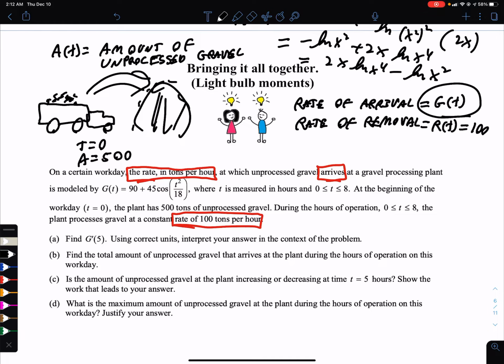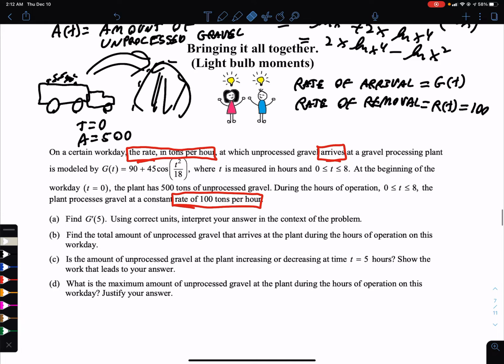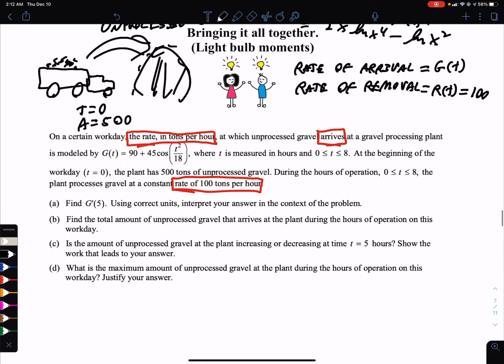I have a lot of stuff going on here. Let's keep going. Now the question. Find G prime at 5. Using correct units, interpret the meaning in the context of this problem. So part A, G prime at 5, which is dg dt at t equals 5.